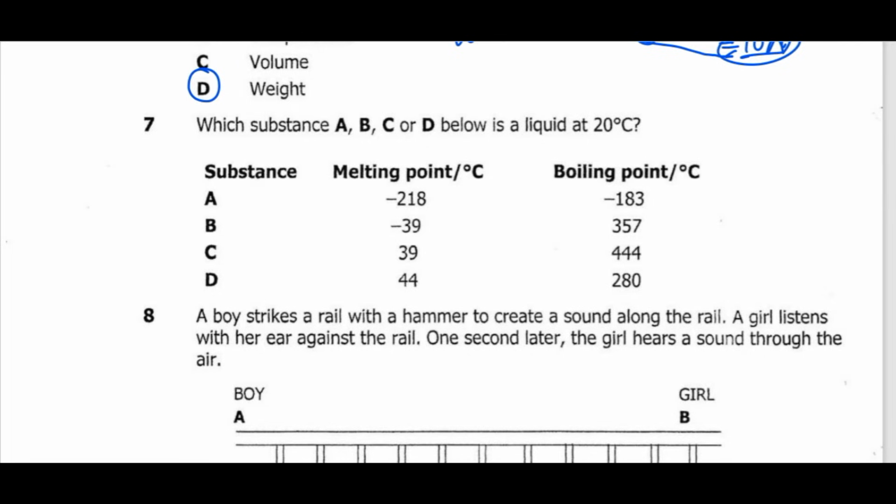So below this number, we are expecting to have maybe a solid like an ice. So negative 280, negative 39, that will show us something to do with an ice. So between these two numbers, we can make our conclusion.